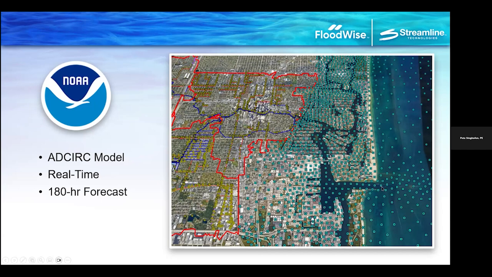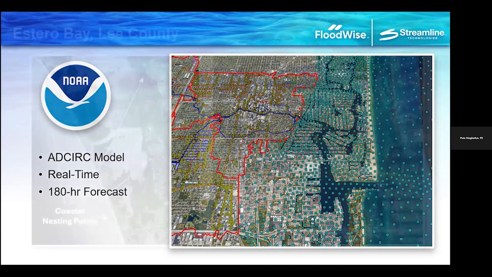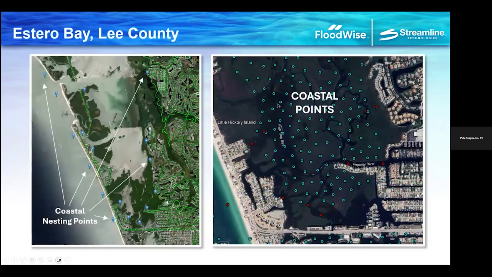And so these are the computational points. These blue dots here are the computational points for the NOAA coastal product. And so what we do is we look at those points shown in blue here, and then the red points are part of the Stormwise model, and those are the hookup points or the coastal nesting points.